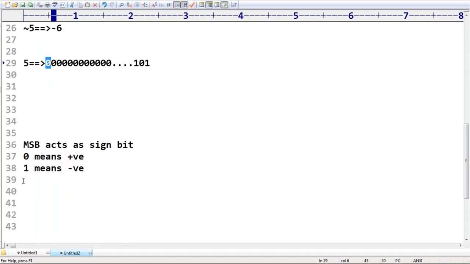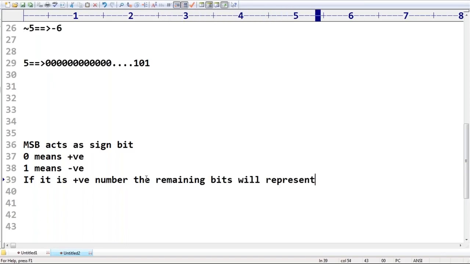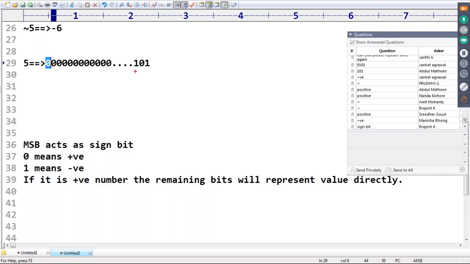Next, if it is a positive number, the sign bit is already completed. The remaining bits will represent the value directly. Remember this one. Observe very carefully, sir. So if it is a positive number, the remaining bits represent the value directly: 0, 0, 0, 0, 0, 0, and so on, then 1, 0, 1.